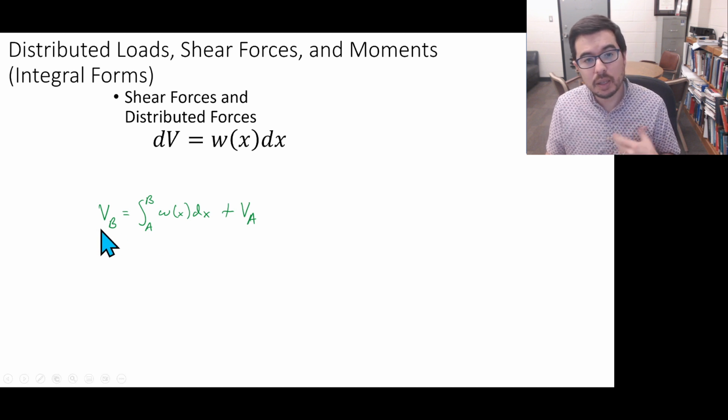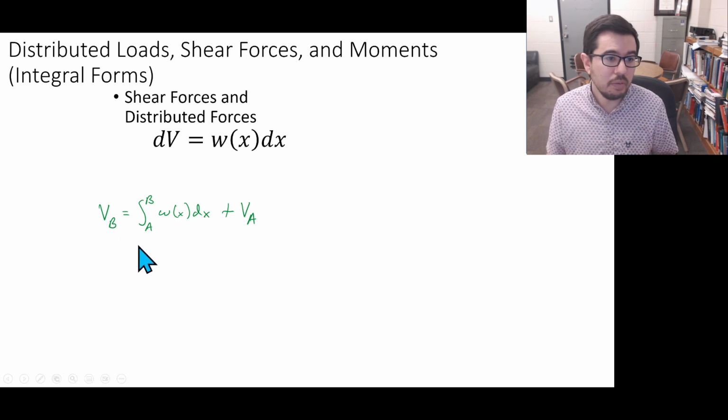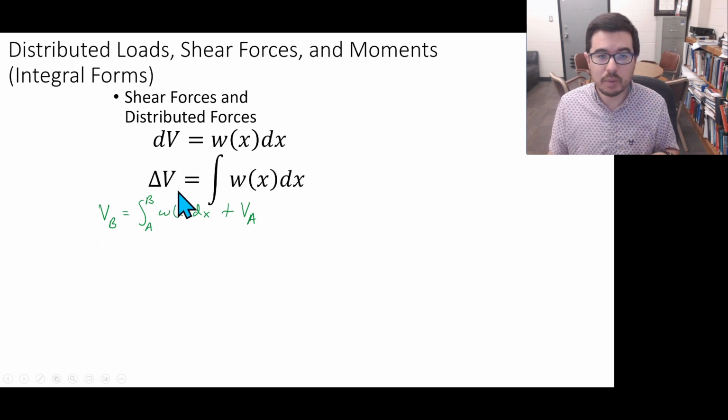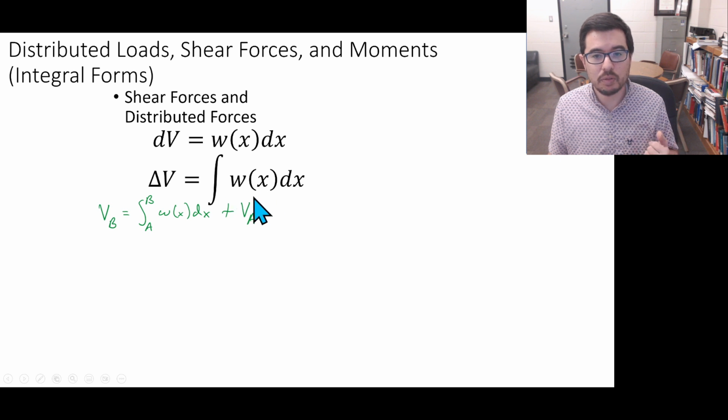And we confirm that integral. In a definite integral form, we could say, hey, we're going from some a to b, and we had some value for shear force at A, and we have some value of shear force at B. And we can look at VB minus VA as kind of this delta V between those two, and we can write the equation in this form.